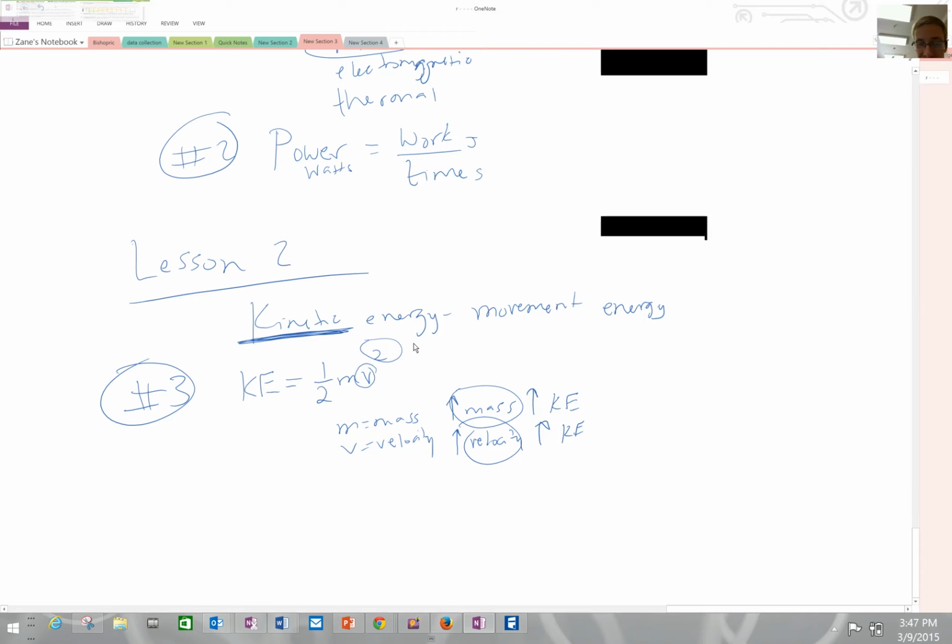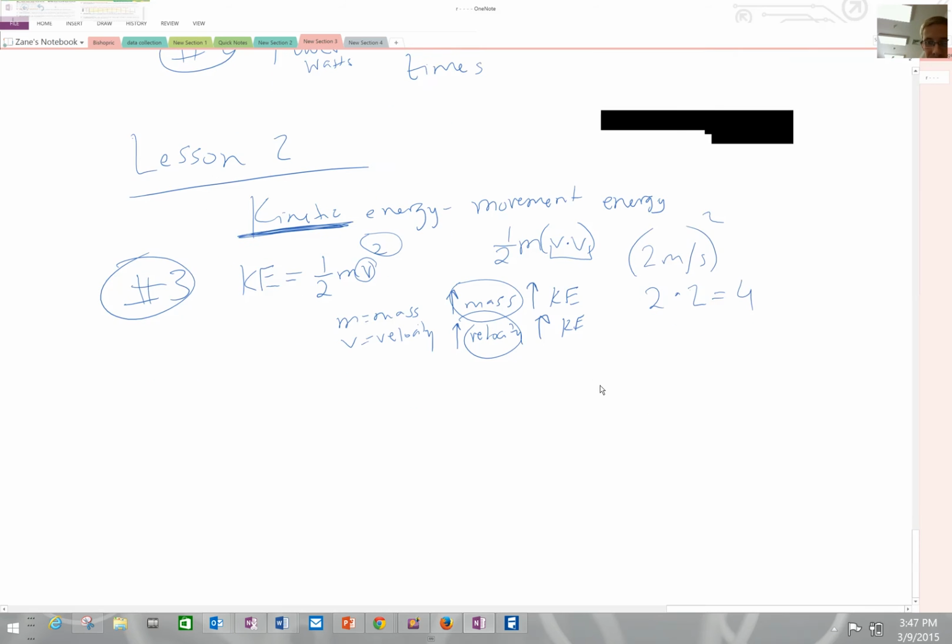So when we say velocity squared, we're saying, okay, 1/2 times my mass times my velocity 2 times. Okay? So whatever your velocity is times by itself, that is the same thing as velocity squared. So for example, 2 meters per second, when we square that, we get 2 times 2, which gives us 4. Just remember, squared means times that number by itself. Okay, I feel like I've said that enough.